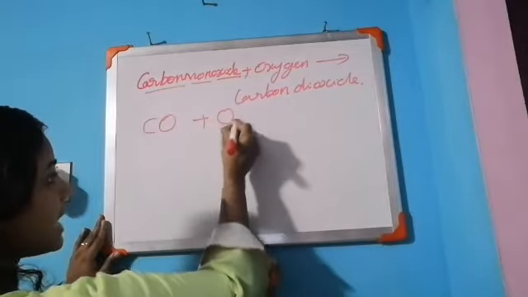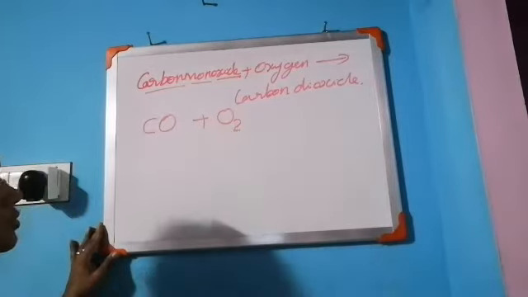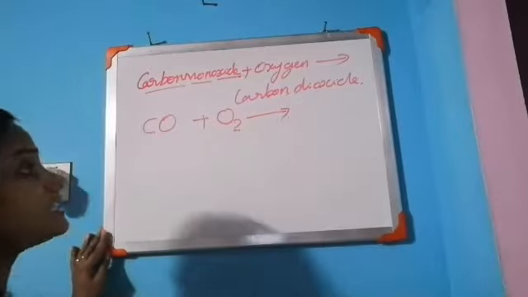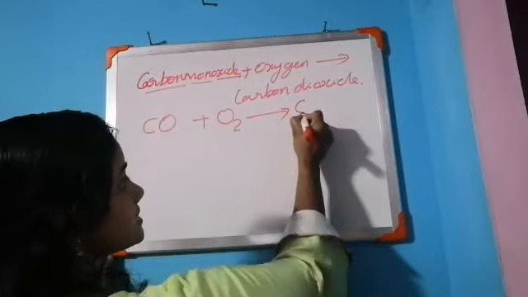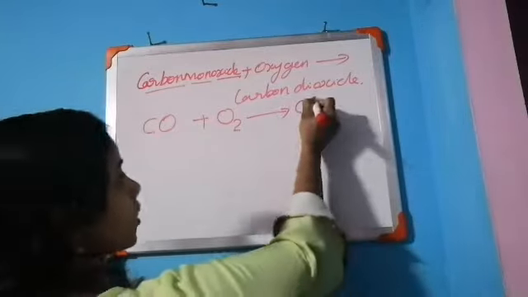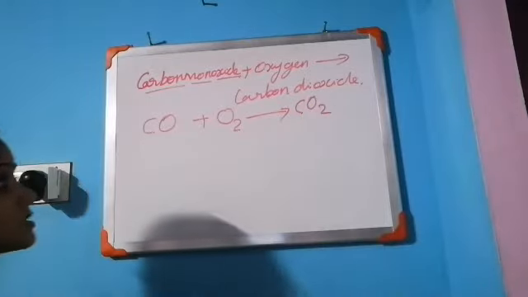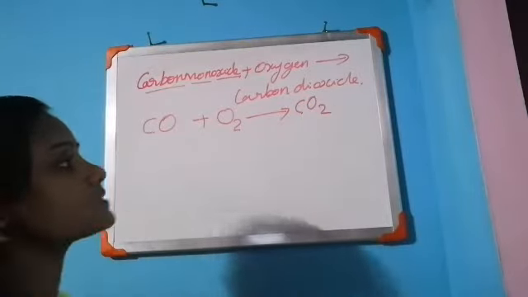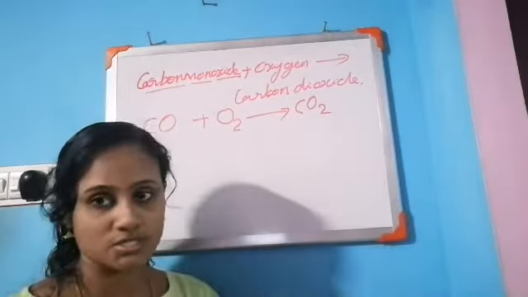Oxygen is a diatomic molecule, so O2, gives carbon dioxide: carbon C, and dioxide means oxygen number 2. So CO plus O2 gives CO2. This is the skeleton equation.